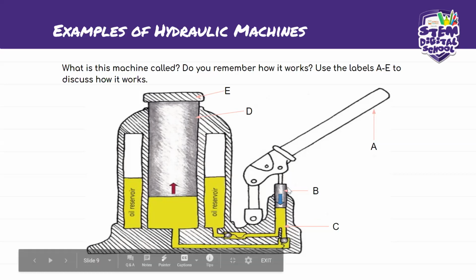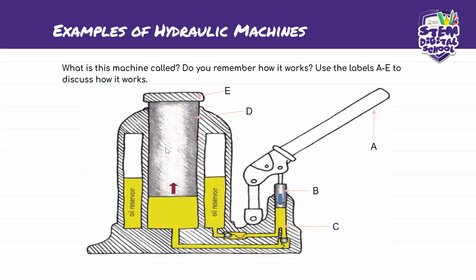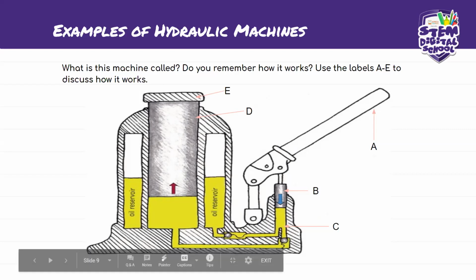From the input cylinder, the force that we have applied here is multiplied in the output cylinder so that the force is enough to lift the car, which is sitting on the ram. Okay? Can you all understand that?